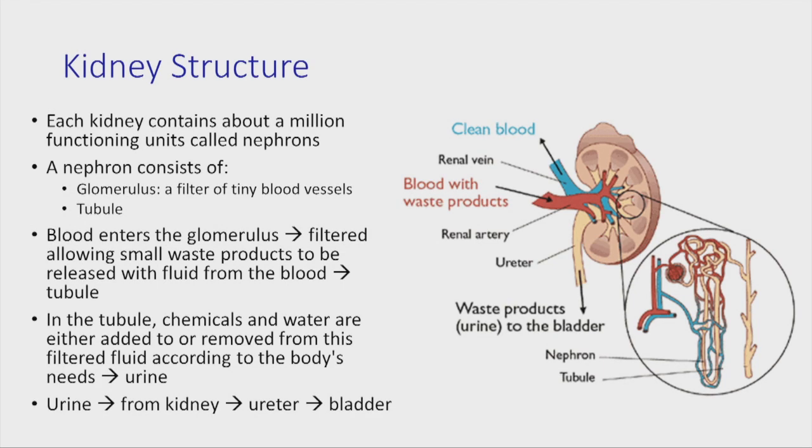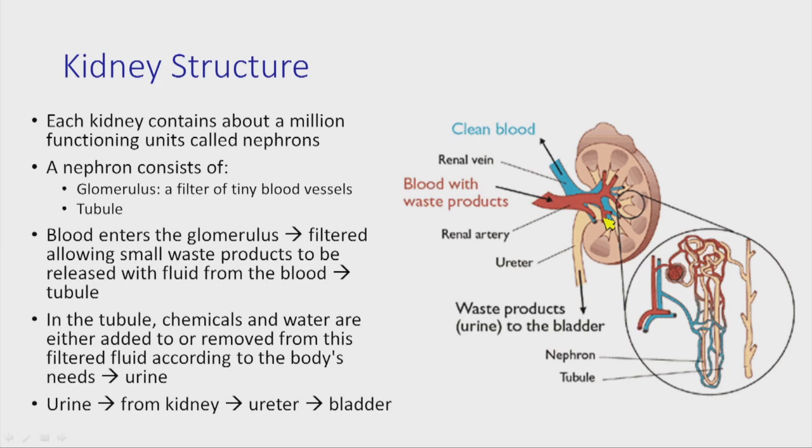A glomerulus is basically like a filtering unit. It's like a small filter with a lot of tiny blood vessels. And this glomerulus is connected to a tubule. So this is the glomeruli with very tiny vessels, and it is followed by a tubule that is surrounded by other small vessels too.